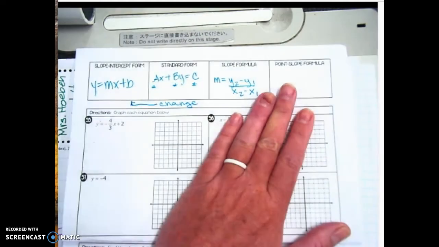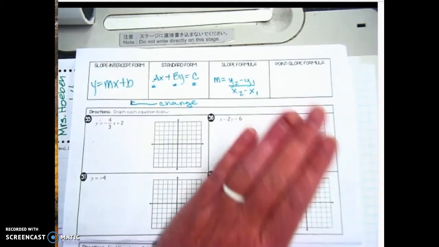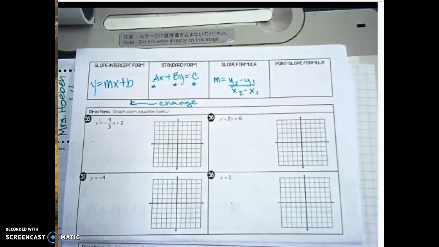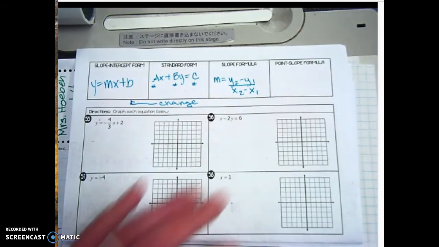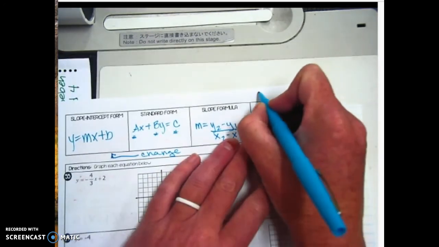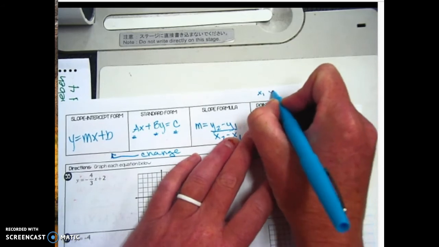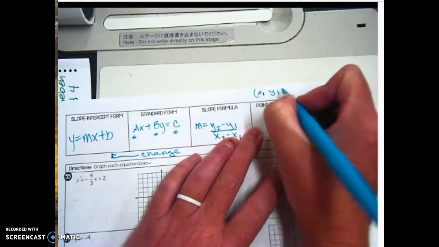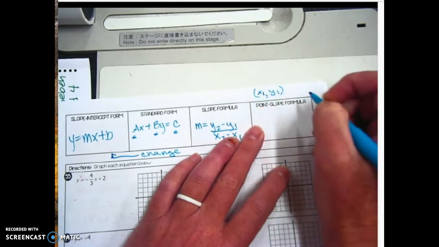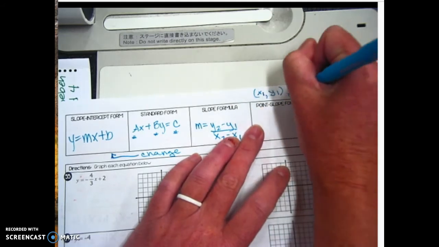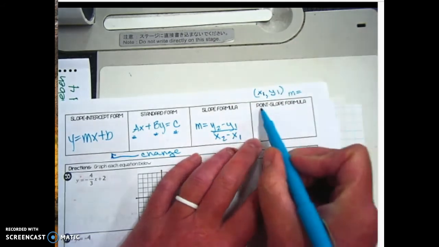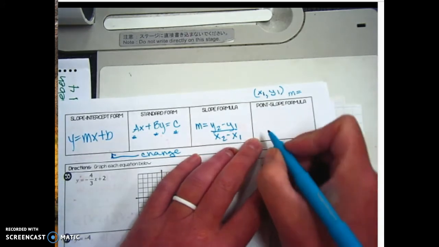The 4th box, you don't see very often, but I'm going to show you today. It comes in handy and it's very useful. You're going to use a point, which comes in the form x1, y1, comma in there, and a slope, because it's called point slope formula.